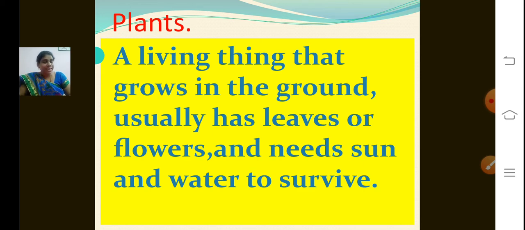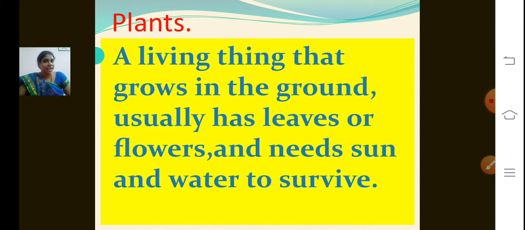A living thing that grows in the ground. Usually it has leaves, right? You can see some leaves. Or flowers. You can see flowers also in the plants. And what does it need? It needs sunlight. Mainly it needs sunlight and water to survive.